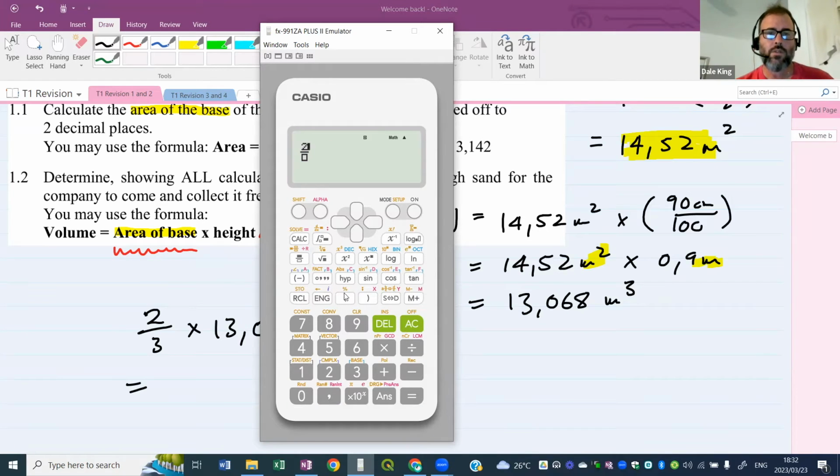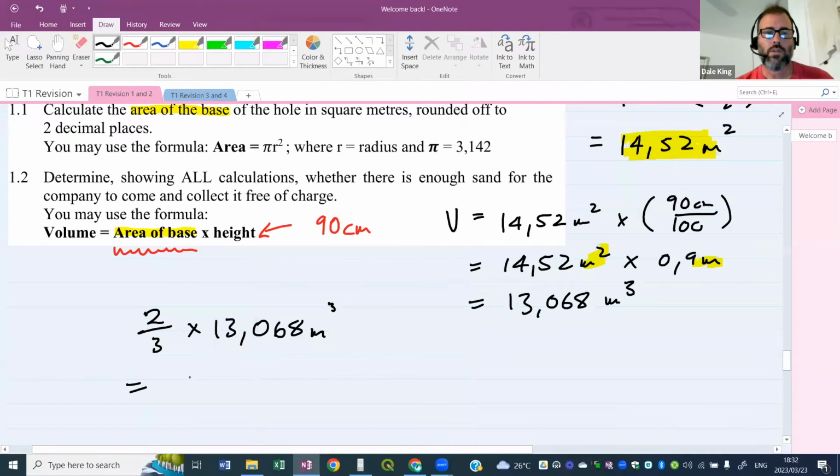Let's say 2/3 times 13,068 gives me 8,712. So this is 8,712 cubic meters. All right. So this is how much sand is 2/3 of the hole.